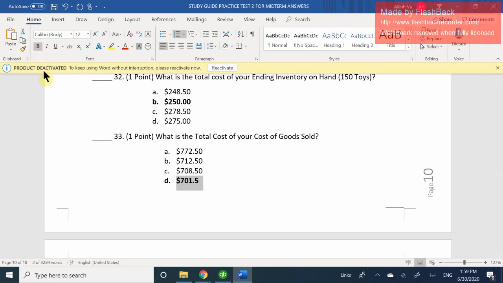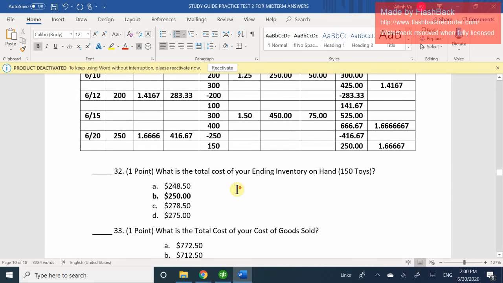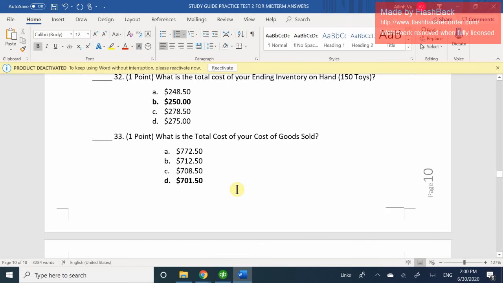But yes, like I said, if you were to just find the closest one, that should be the right answer. So yes, 701.50 would be the closest. So okay, all right.